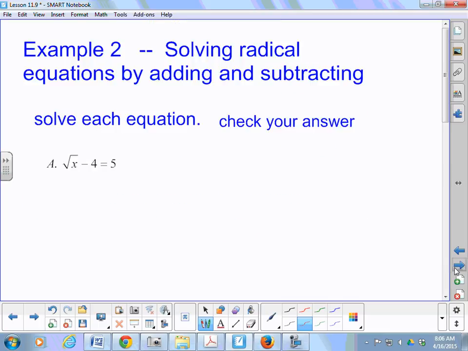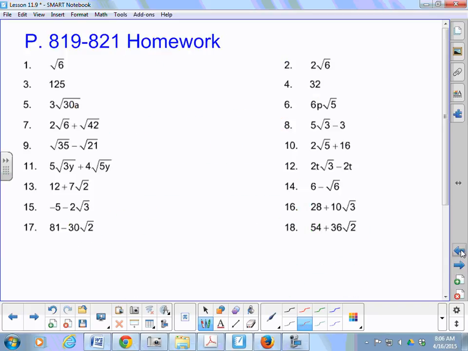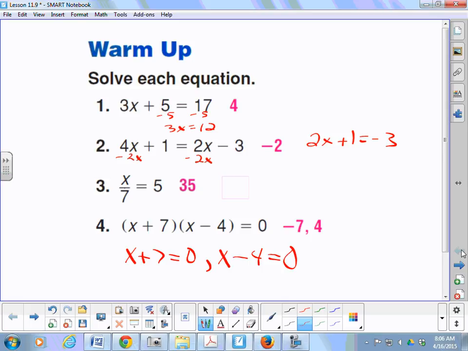Now, what do I do if I have more than just a thing under the radical on one side of the equation? Well, if that happens, then we end up in a situation just like number 1 from our warm-up. What did we do first here?